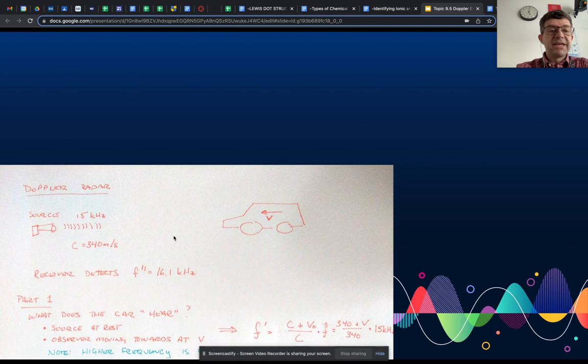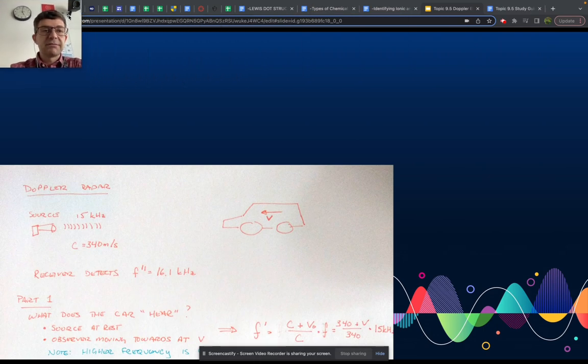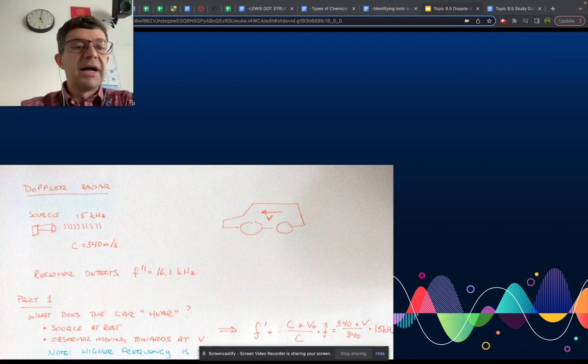First off, we can see that Doppler radar works because the source is emitting waves towards a moving observer. So if the detector were on the car, it would see higher frequencies depending on how fast it was moving. We have our Doppler equation for doing that.